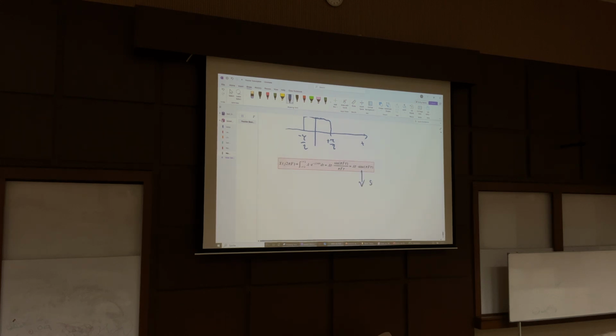We have seen this sinus x over x already, and for f going to infinity, the sinus pi f tau divided by pi f tau goes to 0.